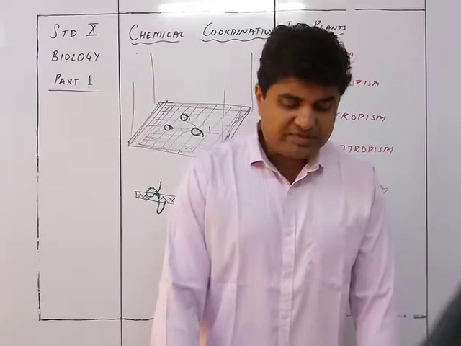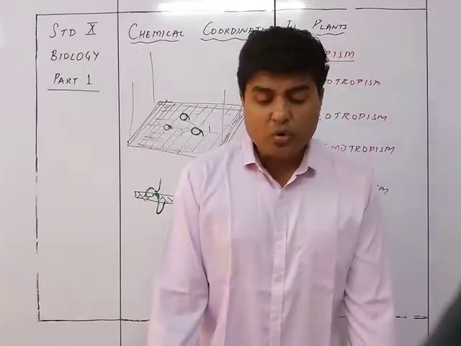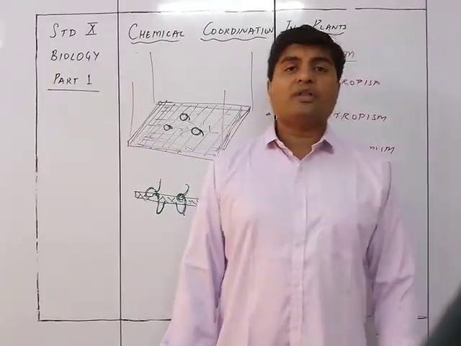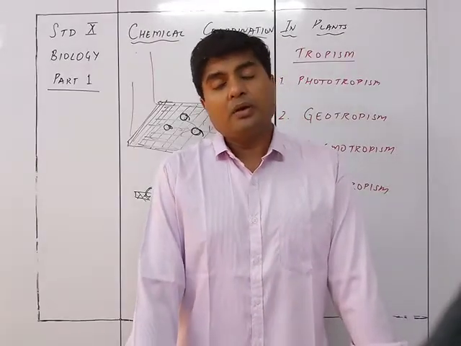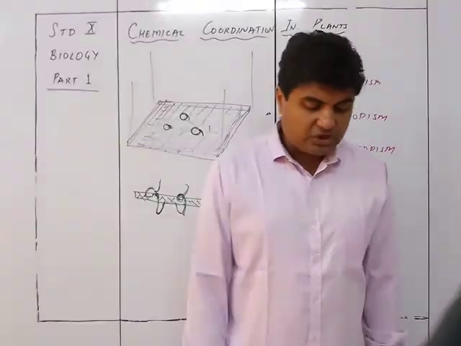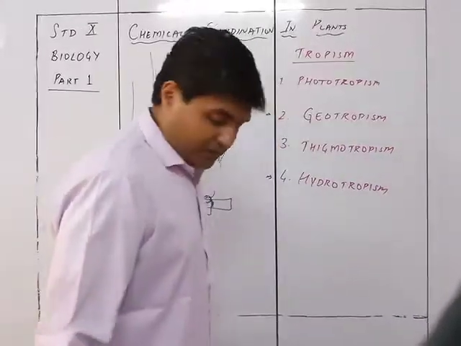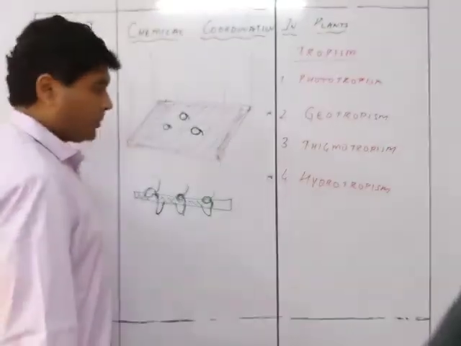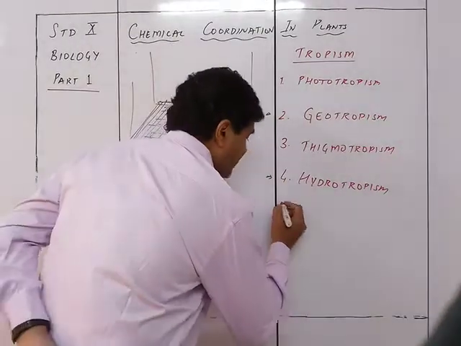So that's why water is a more effective stimulus for the plant than the Earth's gravitational force. So this is about hydrotropism. Now we go to the last kind of tropism, and that is chemotropism.